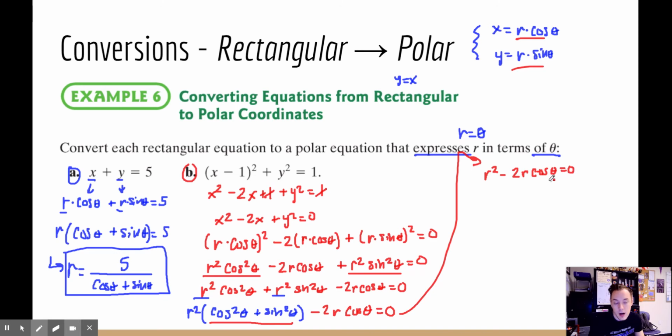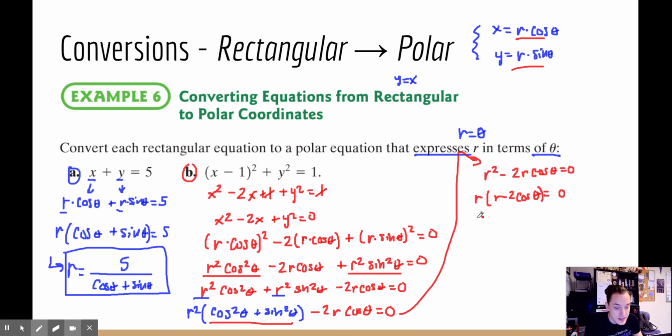Now when I get to this part, I can factor out another r. So I'm going to factor out an r, and then this is going to be r times the quantity r minus 2 cosine of theta, equals 0. And of course, I have parentheses right there. Now, the interesting part is I can set each of these equal to 0.